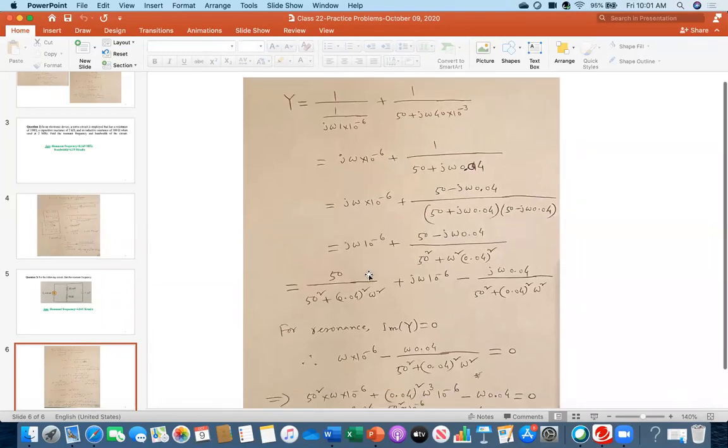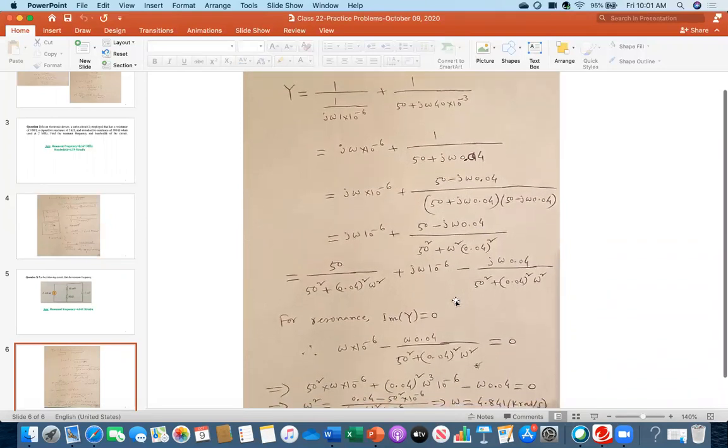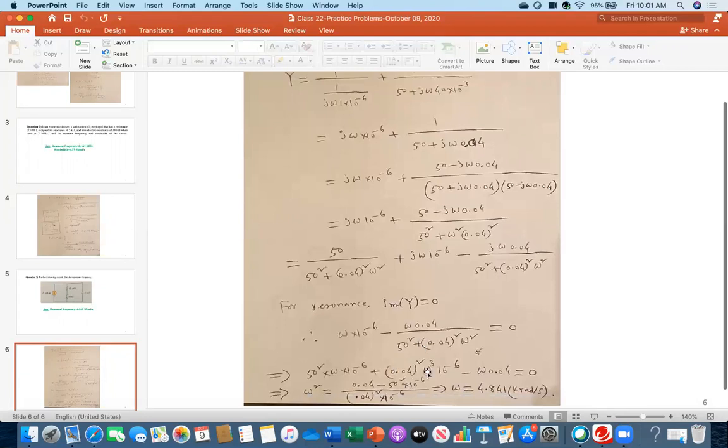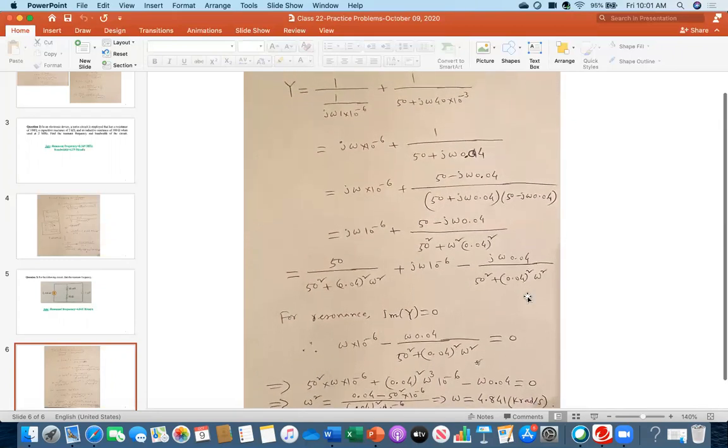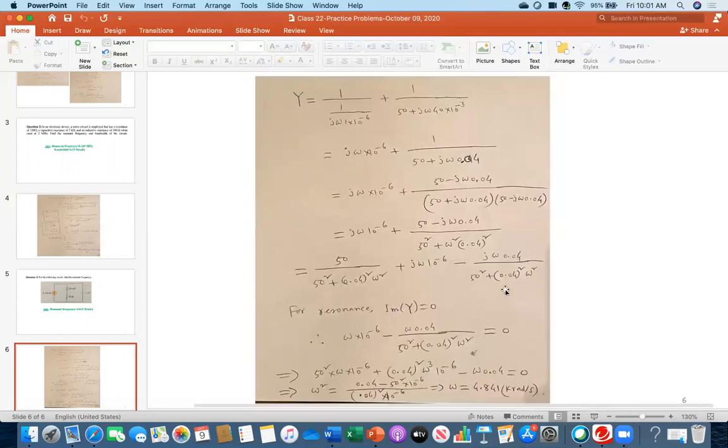Here this portion is my real part, and the right side portion is my imaginary part. Therefore, for resonance, I have written that the imaginary part of y is 0. This means this portion is 0. And then in two or three lines, I am getting omega 4.841 kiloradian per second. So you see your calculation and then match it, to find where the discrepancy is.